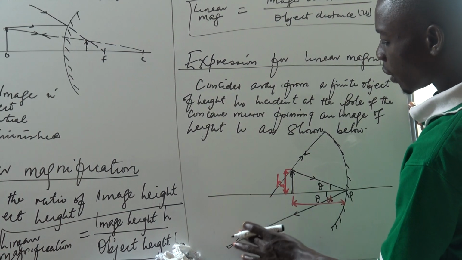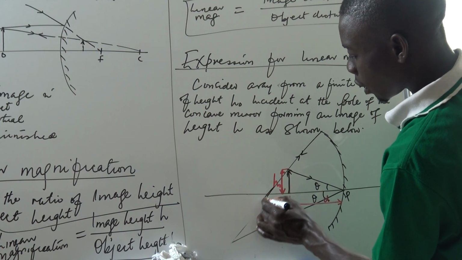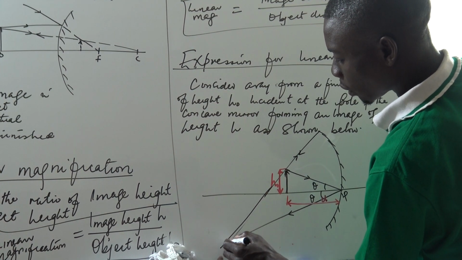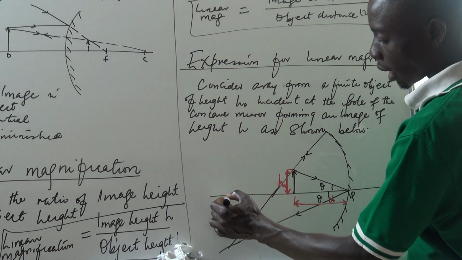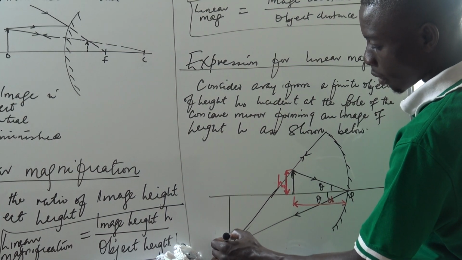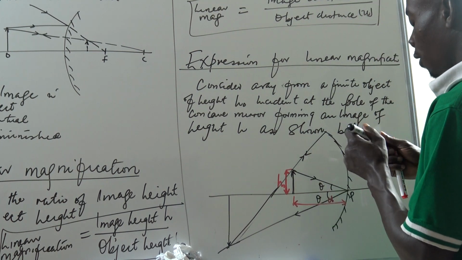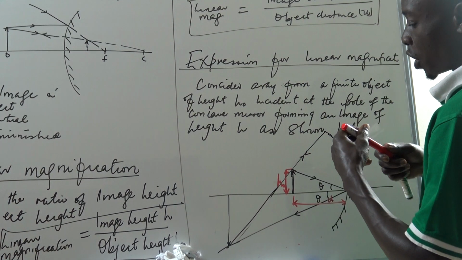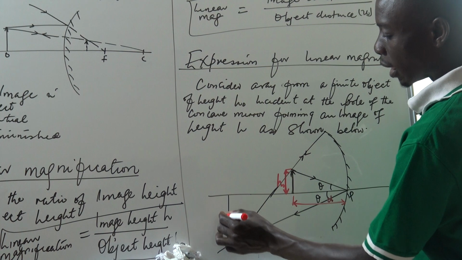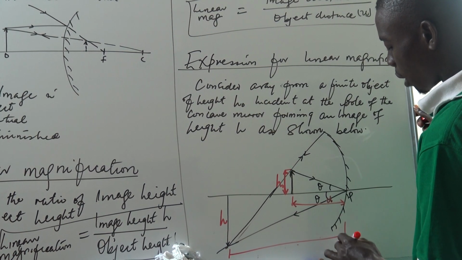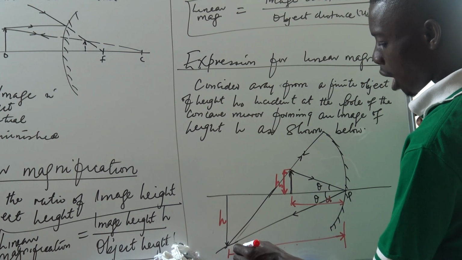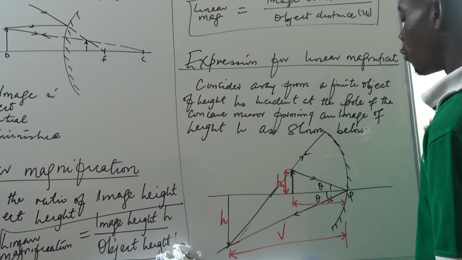Of course, we said if the light ray passes through the center of curvature, it will move along the same path, such that my image is formed here of height h, and then this one here becomes my image distance v.